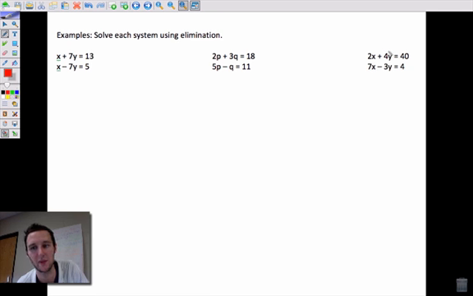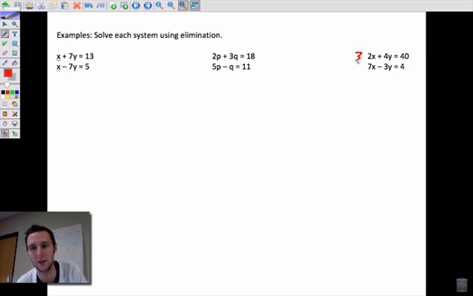Similarly, I can't really multiply just one of these equations by something to get this positive 4 to be like a positive 3. So I'm going to actually have to multiply both of these equations. Okay. The way that I can do this, I can choose to do either the y's or the x's. I think I'm going to choose the y's.